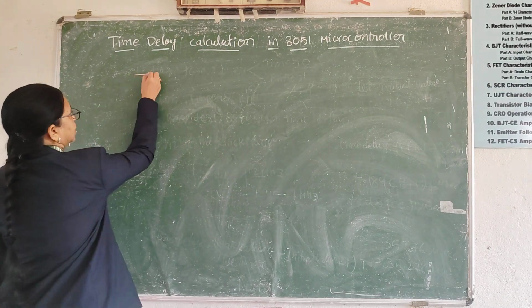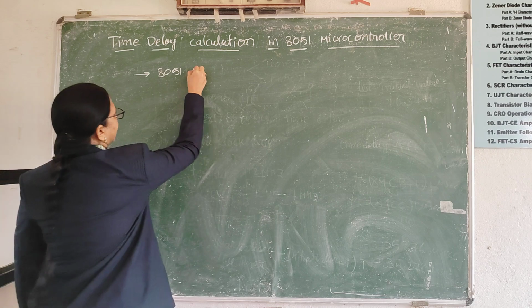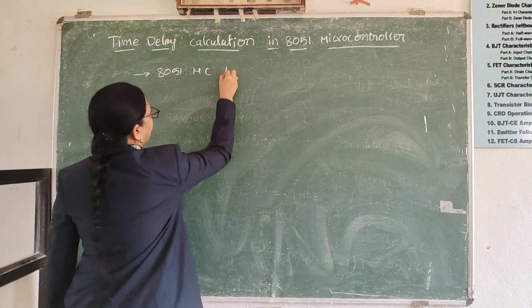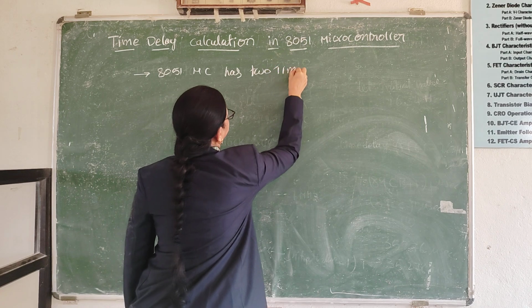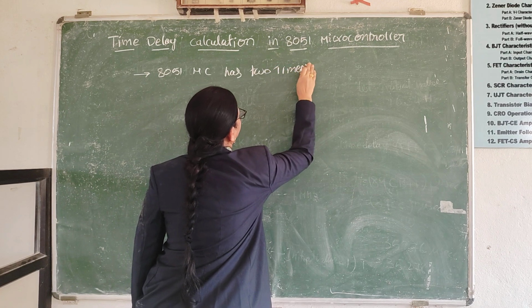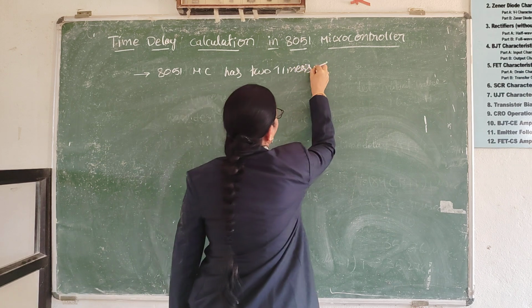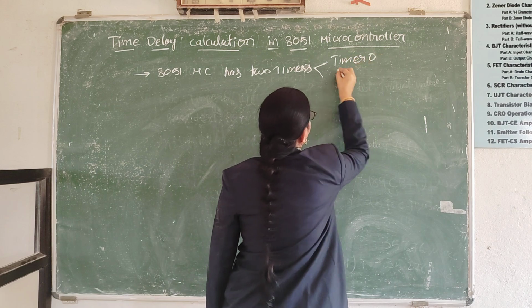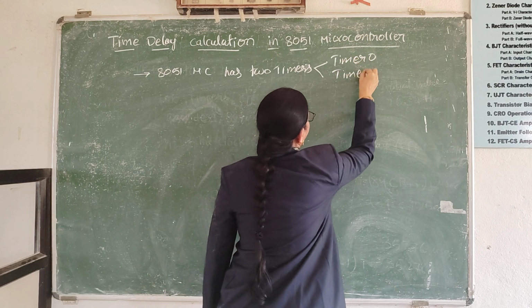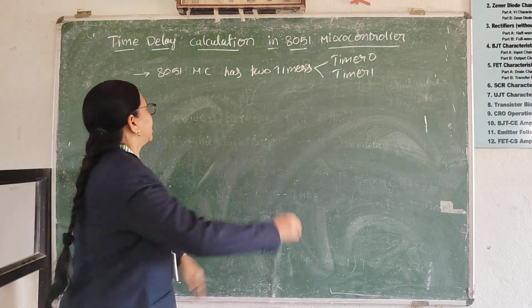We know that the 8051 microcontroller has two timers, Timer 0 and Timer 1. These two timers are 16-bit timers.